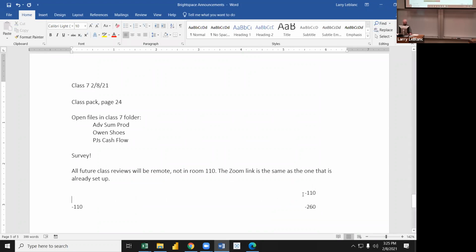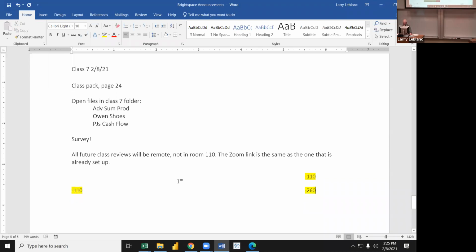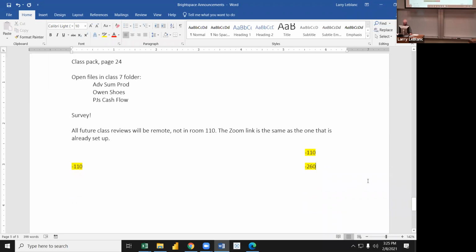So we calculate the minus 110. These are the yellow cells that I asked you to fill in. And then minus 110 plus the stated numbers equals minus 260. We're falling farther and farther behind. Minus 260 plus the stated numbers equal what?